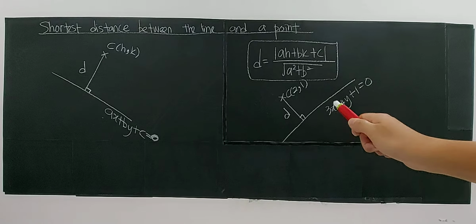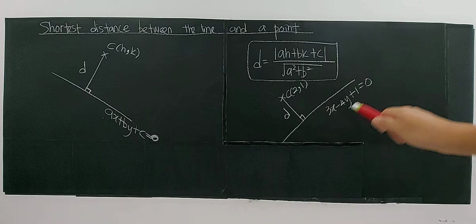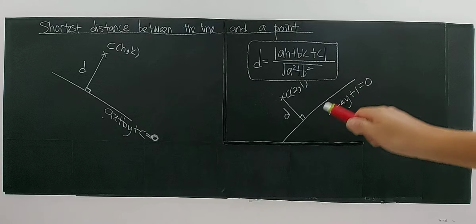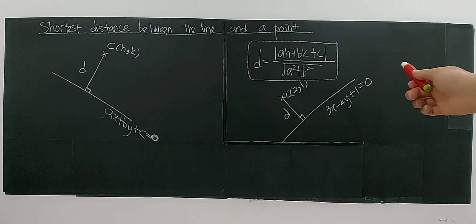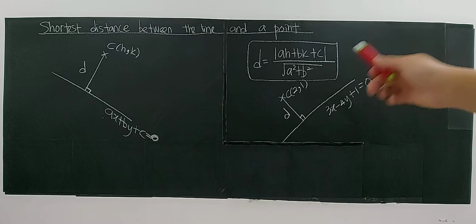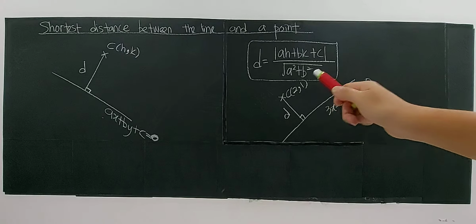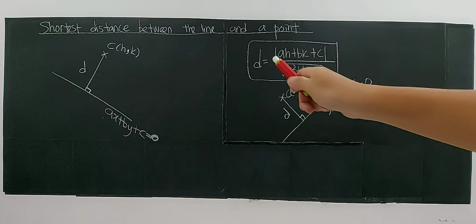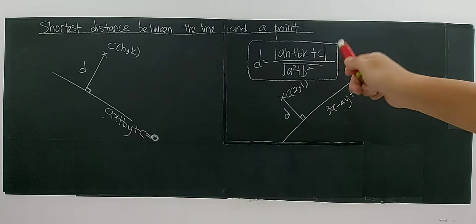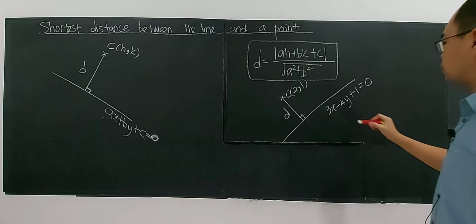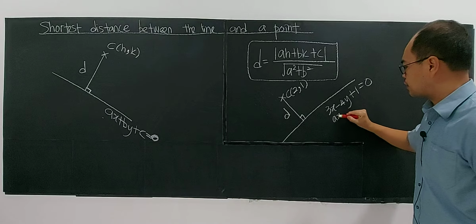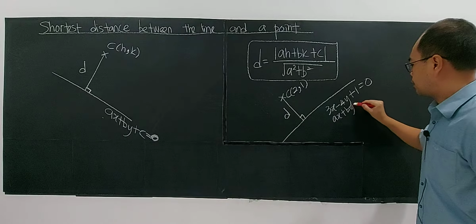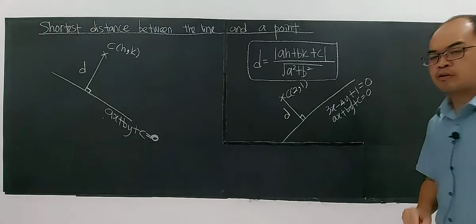At first, you must arrange the straight line equation, either as y equals mx plus c, or change it to the general form ax plus by plus c. You must rearrange it such that it becomes ax plus by plus c equals 0 before you apply the formula.